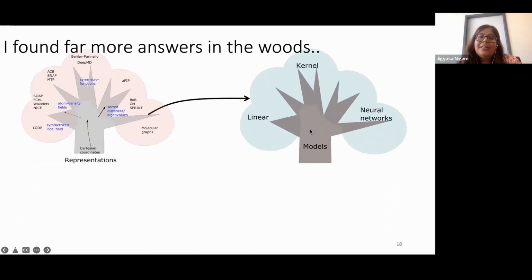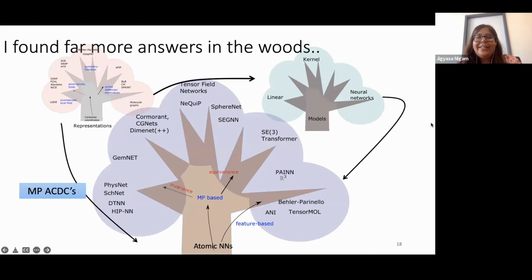Even within these neural network modeling schemes, you have different sorts of neural networks, which evolved more or less independently, except for maybe these feature-based neural networks, which used as inputs these leaves from this tree. And there's another branch which evolved as message passing based neural networks.